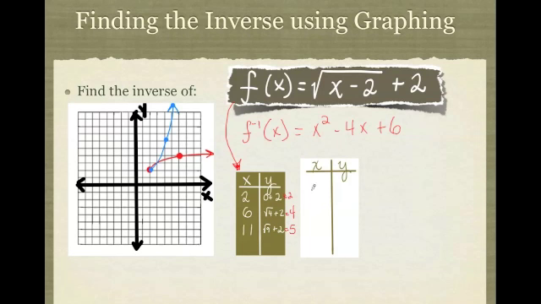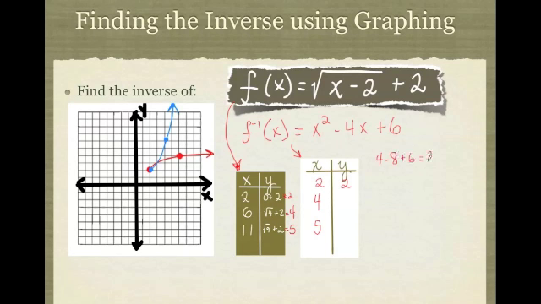Now, I can just switch my x and y values for my inverse. At 2, it should equal 2. Let's see if that works. If I put 2 in for this x, I get 2 squared is 4 minus 4 times 2 is 8 plus 6.